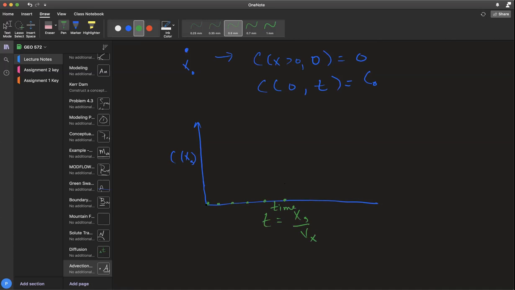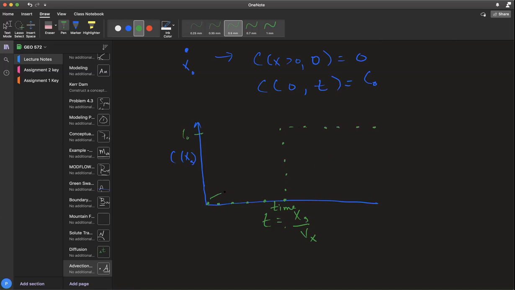Right, so I'm looking at the concentration at a point, x_s, over time. At this magic time, t equals x_s over v_x, my concentration will jump up to C naught, and then continue there.